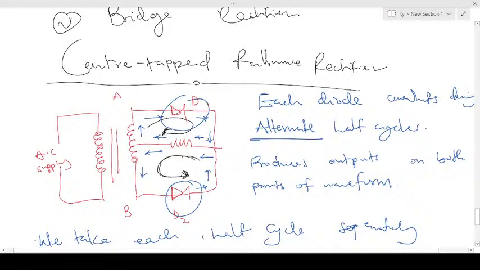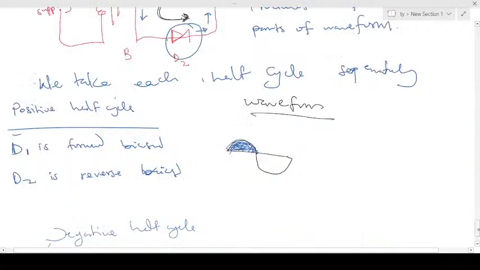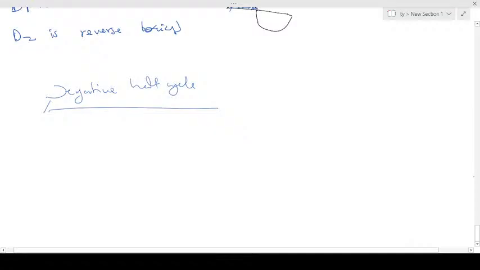Now let's go back to where we were. In the negative half cycle, D1 is reverse biased and D2 is forward biased.